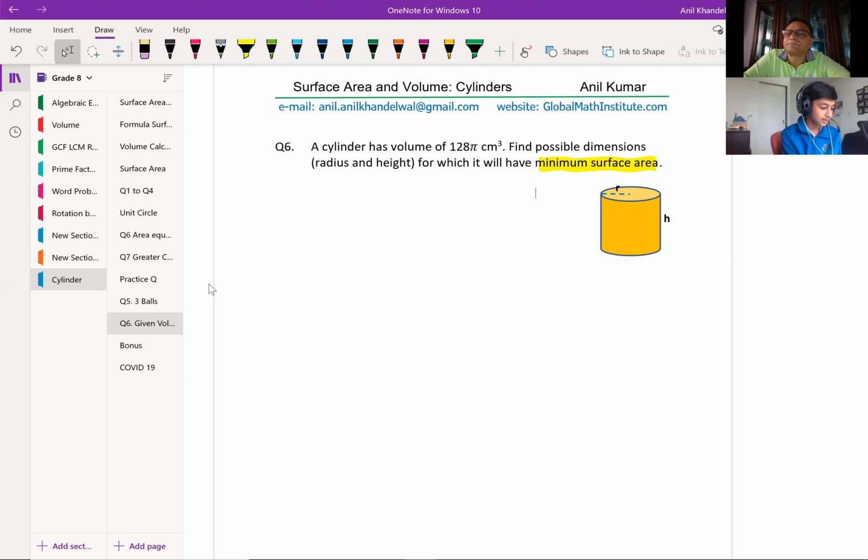So I learned how you can find the radius and height by just looking at the area expressed in terms of pi, the volume expressed in terms of pi, and that the minimum surface area you have to have the diameter equal to height or radius equal to height. Correct.